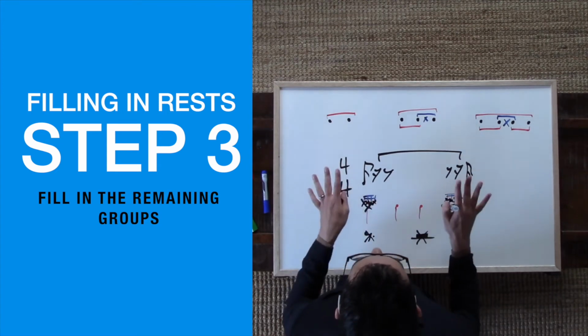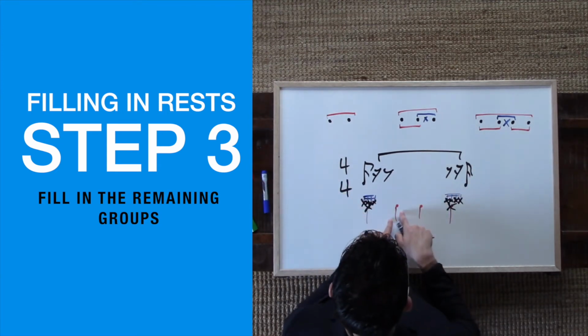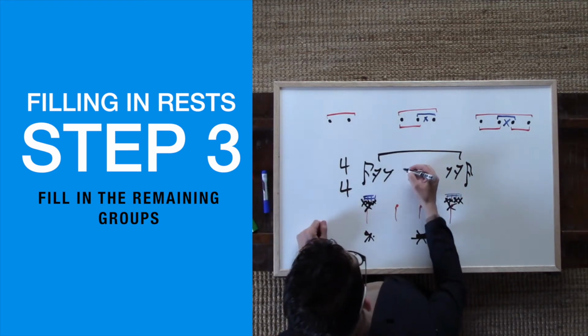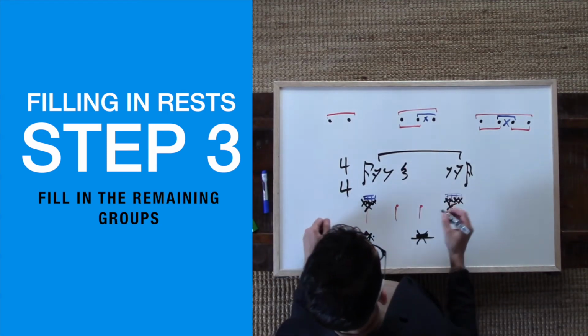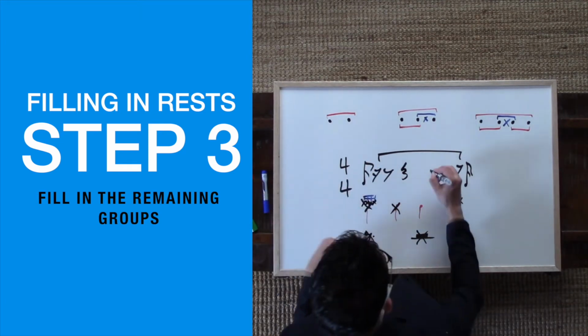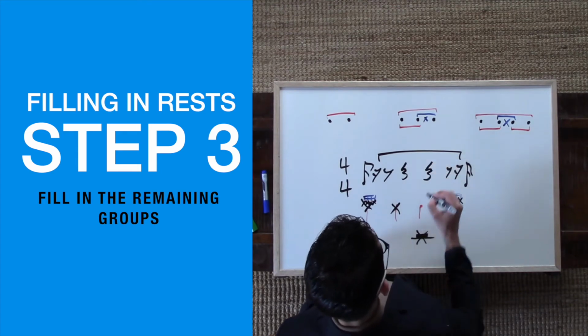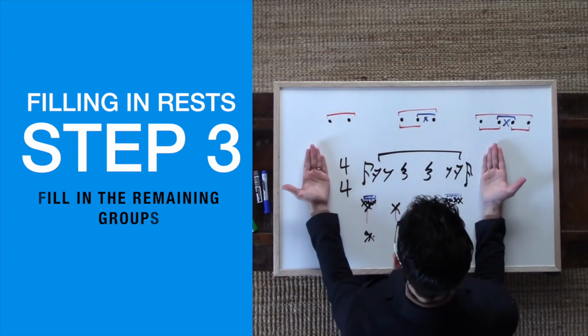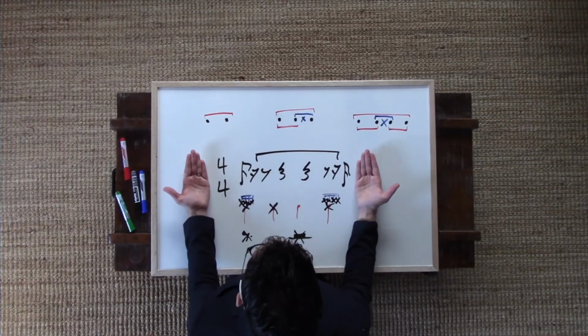They just have to be by themselves, they cannot be combined. So, one rest that represents a quarter note is a quarter rest, obviously. We'll cross it off. And one rest that represents this quarter note is again a quarter rest. And this, ladies and gentlemen, is the answer.